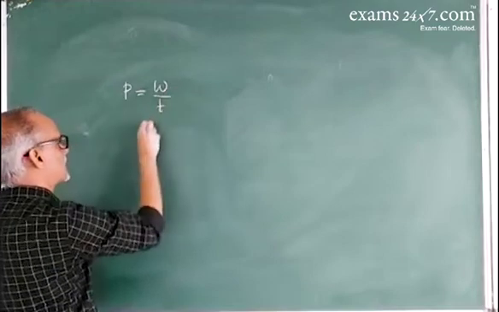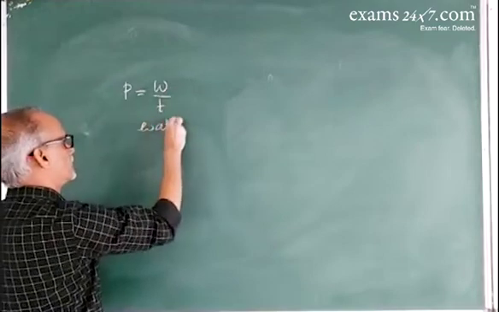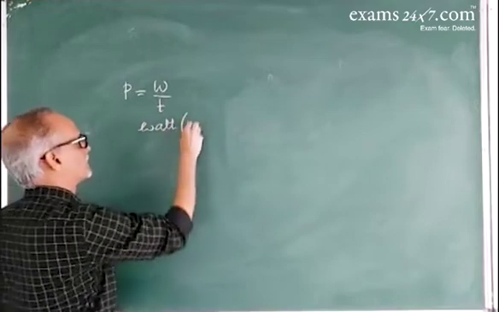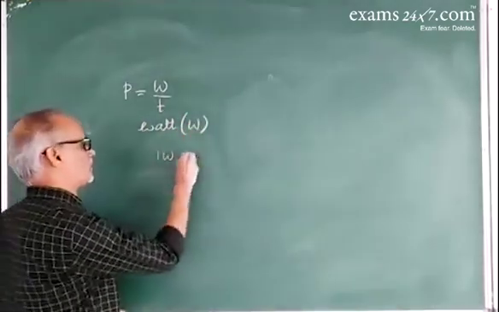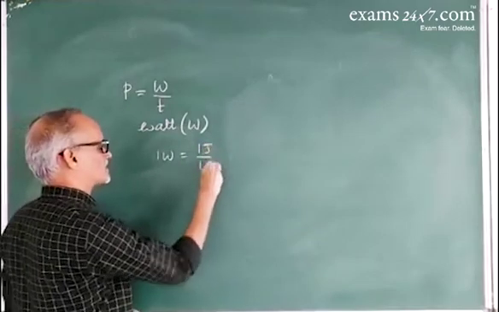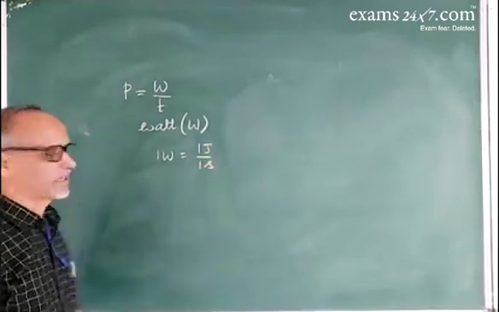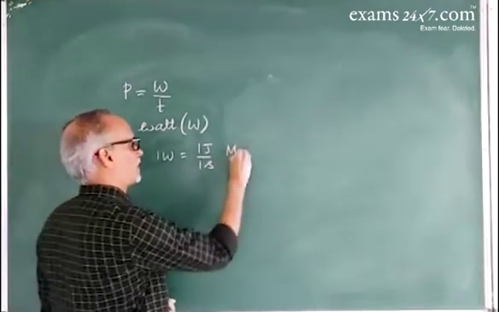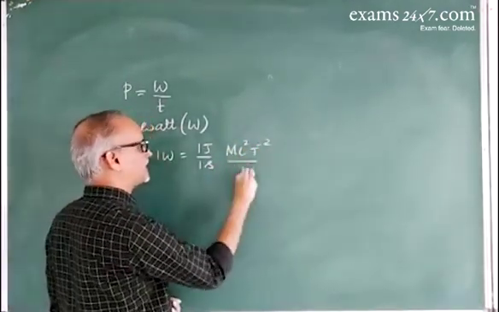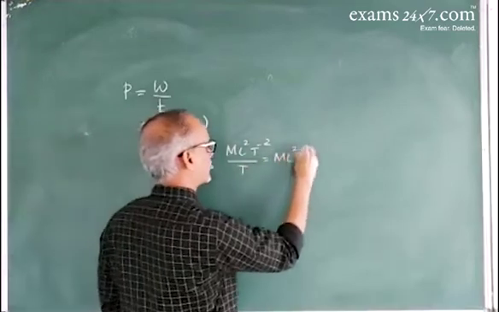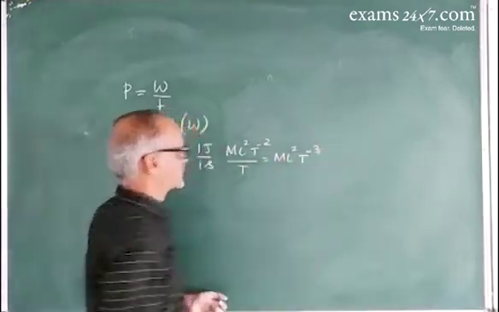Therefore, joule per second is measured in terms of watt. So 1 watt is equal to 1 joule per 1 second. It is very easy to write the dimension formula, which is M L square T minus 2 by T, that gives M L square T minus 3.